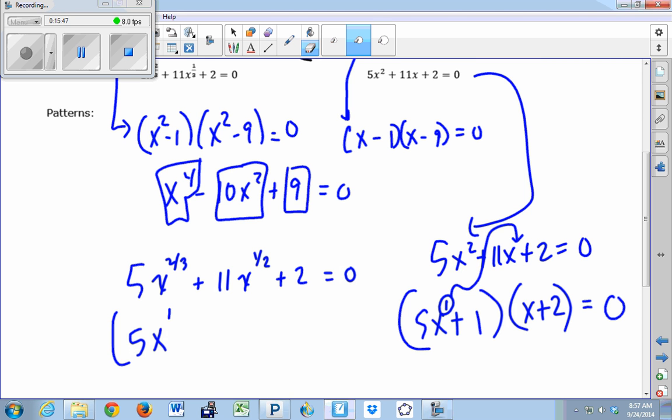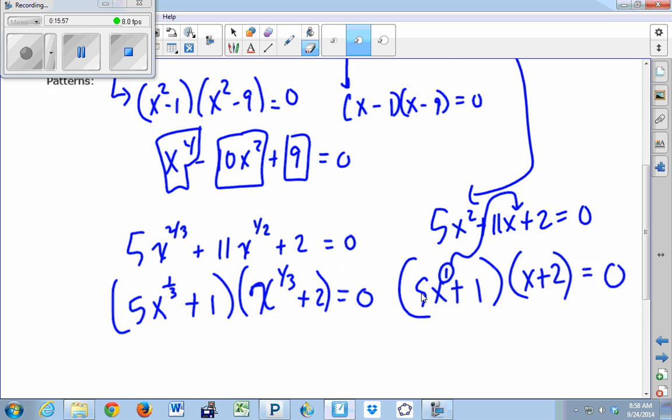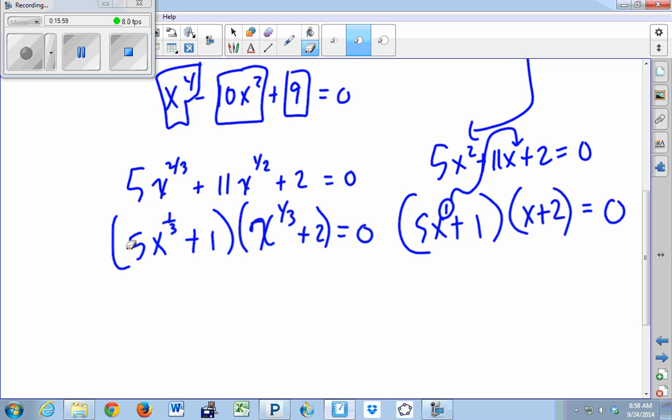So this is going to be 5x to the 1/3 plus 1 times x to the 1/3 plus 2. And if you use the distributive property twice, which you call FOIL, 5x to the 1/3 times x to the 1/3, if you multiply those two out and use your exponent properties, when you multiply, you add exponents, you're right back to 2/3, which is what you started out with.